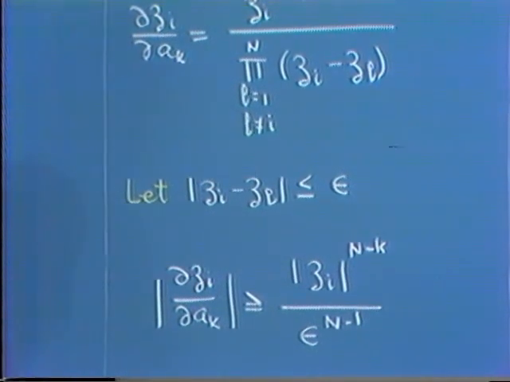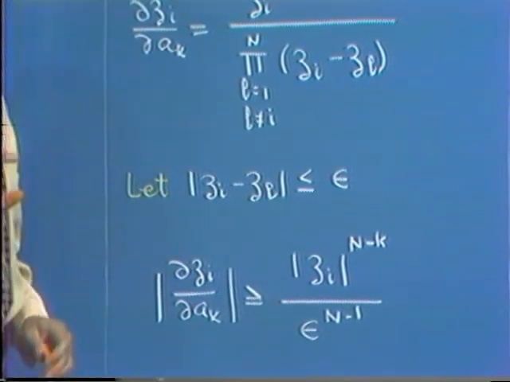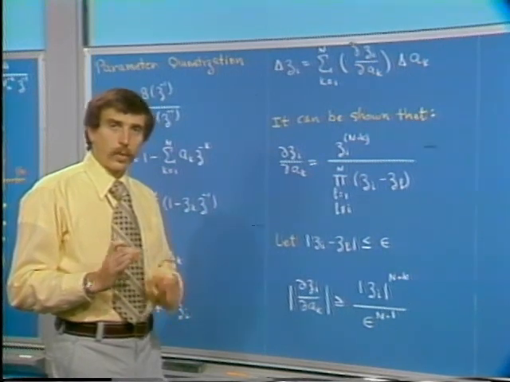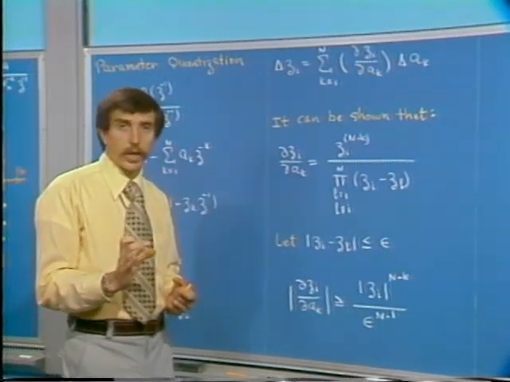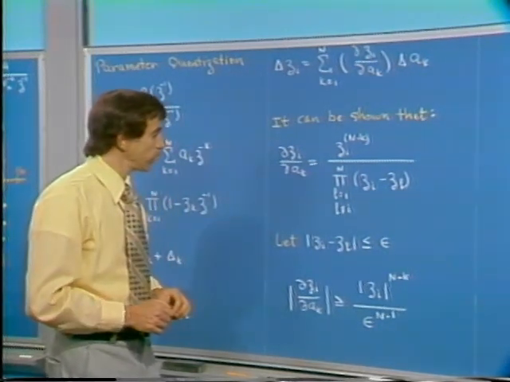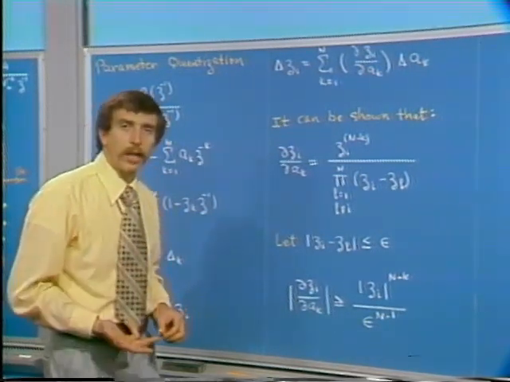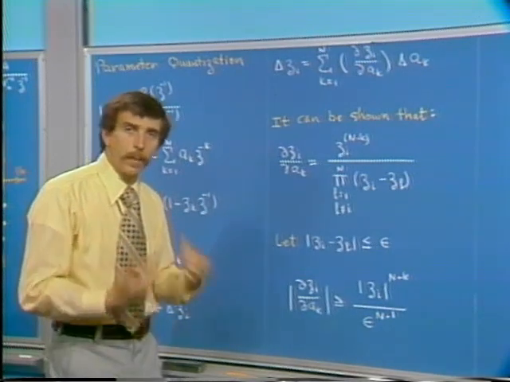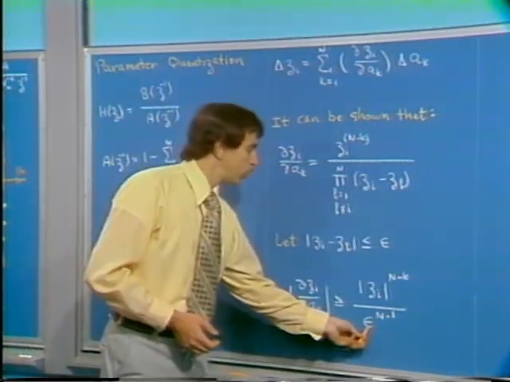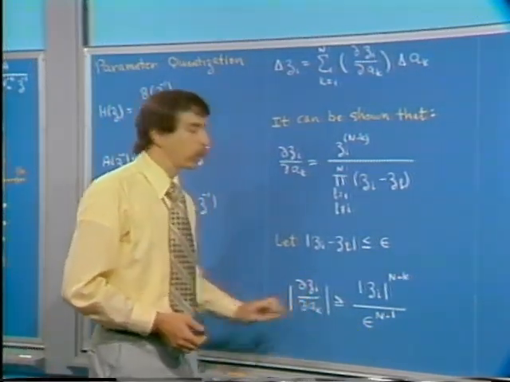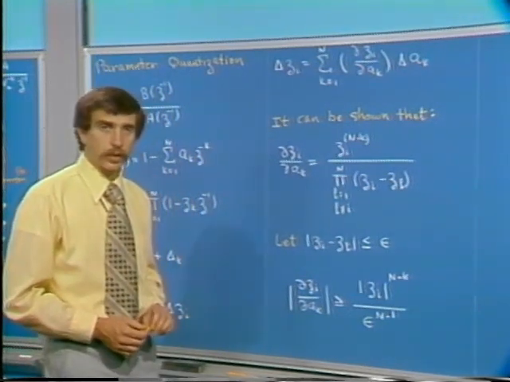What it means is that if the poles are clustered within a circle of radius epsilon, for any given pole, the higher the order of the polynomial that we use to implement the pole, the greater the sensitivity of the pole location with respect to the coefficient.